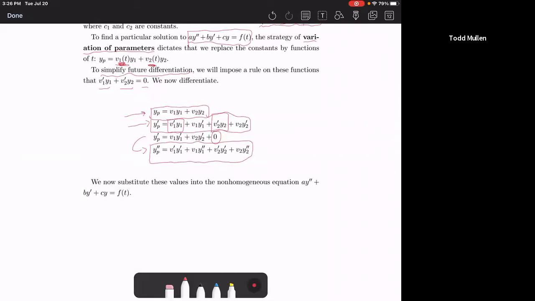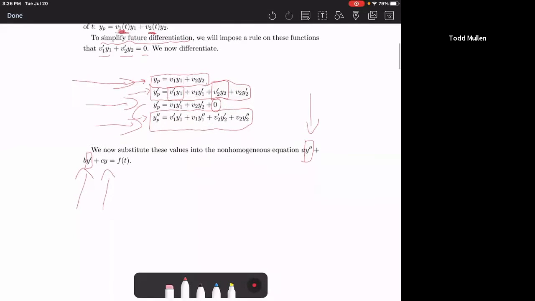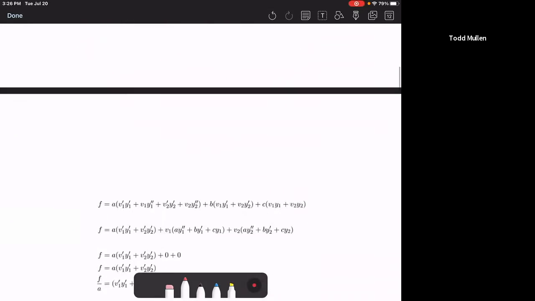So when I scroll down, we're going to see a rather large equation, but just note that we're substituting in this y double prime into here, this y prime into here, and this y into here. That's what we're going to see right here.